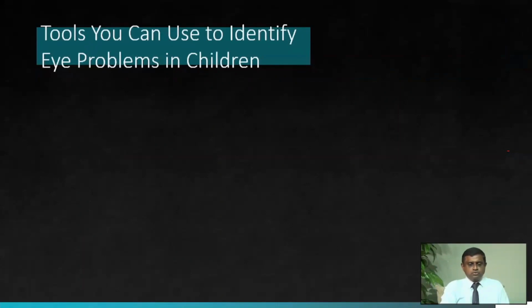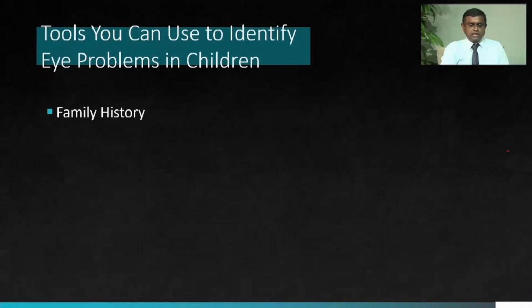So how do you identify whether the child is having an eye problem or not? The child may not directly complain. The parents might not directly complain. So apart from the direct complaints, like red eye or eye pain, you can judge whether there is any eye problem.